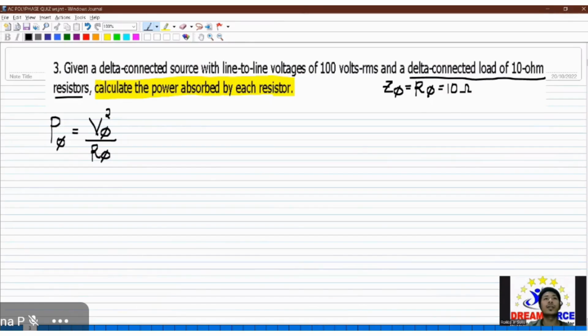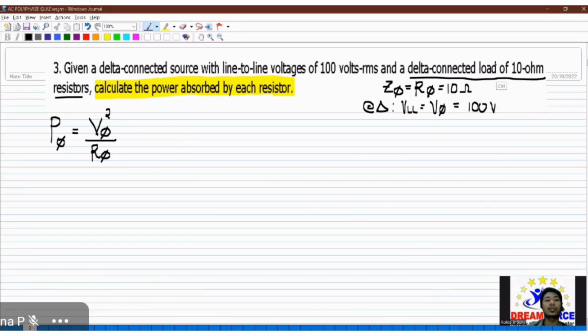Okay, so since we have a delta connected source, di ba sabi natin kanina, pag delta, parehas lang yung line to line sa per phase voltage. So V line to line is also equivalent to V per phase, and then it is also 100 volts.